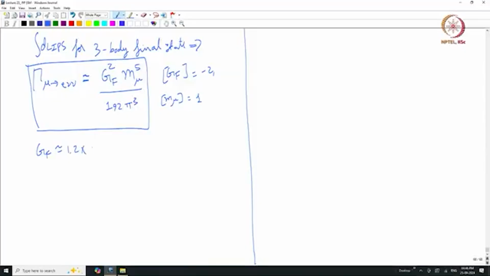Okay, so let me wrap up this class by writing down what the actual lifetime of the muon is. If I plug the value of Fermi's constant and then take the muon mass, in MeV, I very highly recommend that you do this calculation.